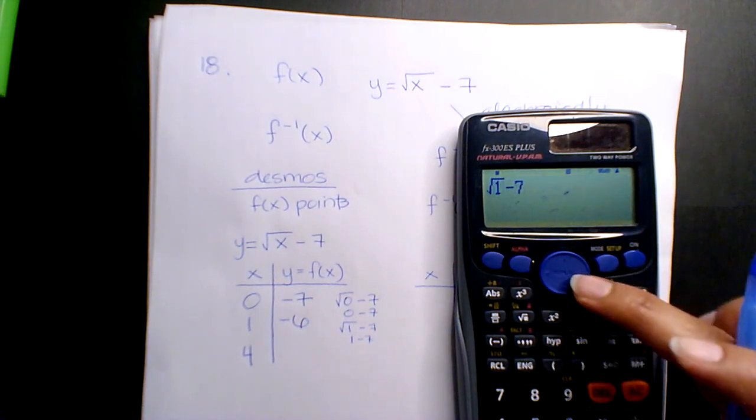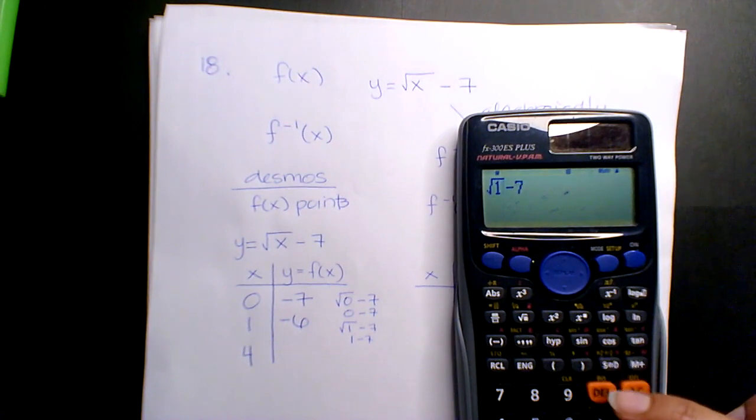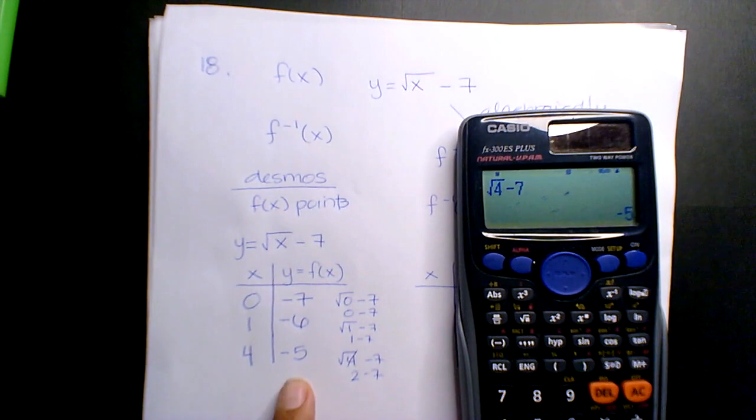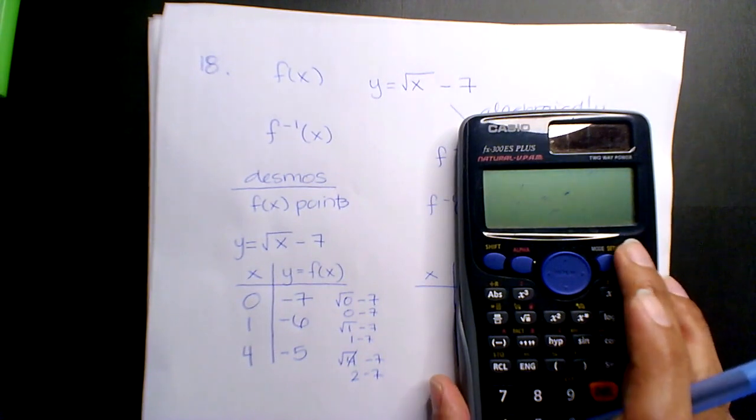You guys aren't obligated to graph it by a table. Typically, you would use Desmos. I'm doing it by hand because I can't record the video with Desmos. Then -5: the square root of 4 is 2, so 2 minus 7 is -5. So there's our XY table.